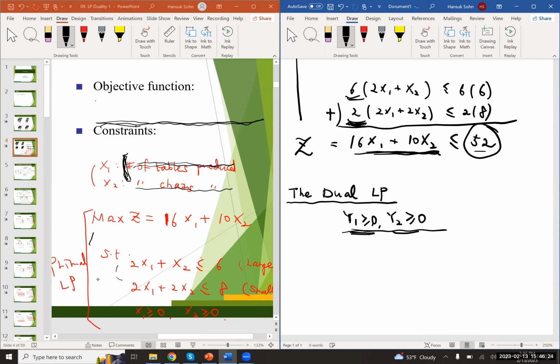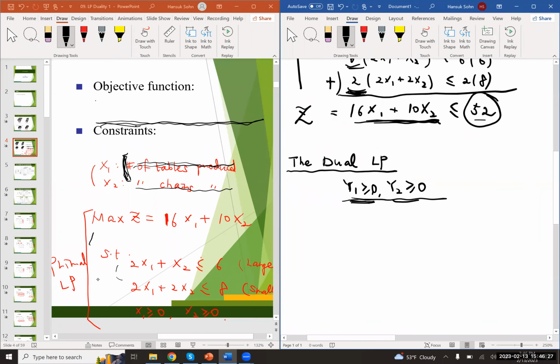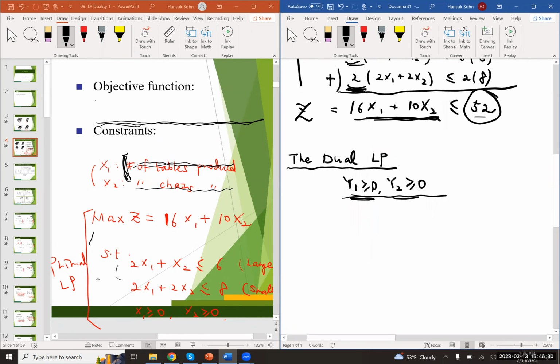So the first constraint is 2x1 plus x2, multiplied by y1, and the right-hand side is going to be 6y1.